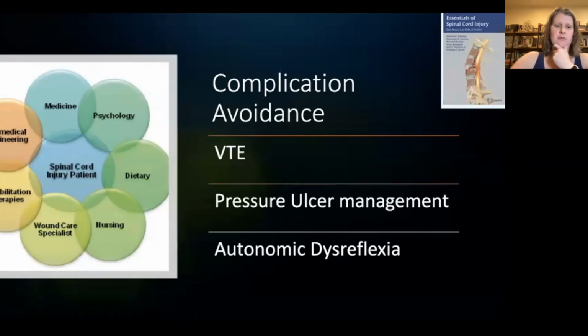And most episodes of autonomic dysreflexia can be managed by figuring out what precipitates them. There's always going to be something that incites them to happen. That can be a full bladder, constipation, needing to change positions, or other things like that. But sometimes it can just be completely random, and the patients may even need pharmacologic interventions or hospitalization to manage those things.